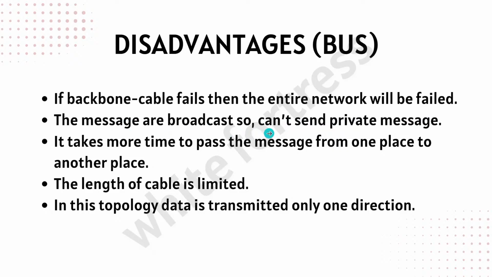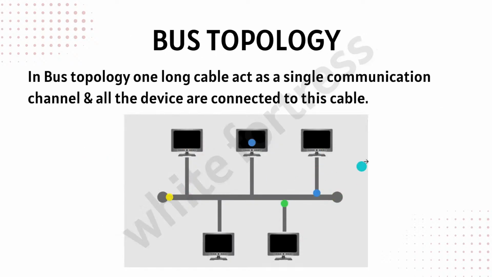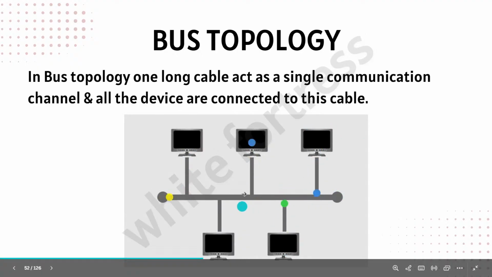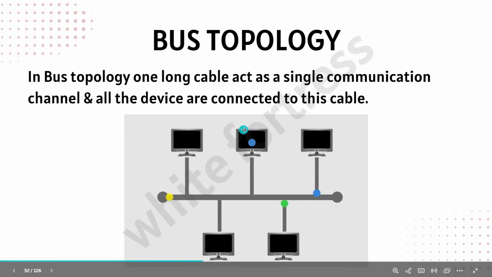All the messages are broadcasted, so there is less security and private messages cannot be sent. It also takes more time to pass a message from one place to another because the packets go through each and every system. Just like I told you, from here the packet will move to this one, then this one, then this one, and it will keep on broadcasting like that.